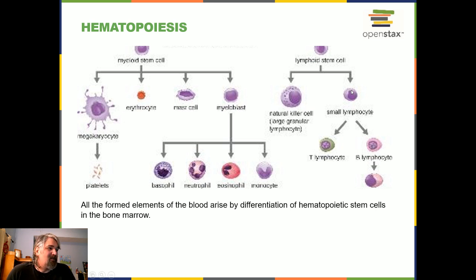So for our adaptive immunity, we're looking at the lymphoid stem cells as their source. The myeloid stem cells give us red blood cells and platelets, mast cells, and then basophils, neutrophils, eosinophils, and monocytes that were all involved in the non-specific immune response.